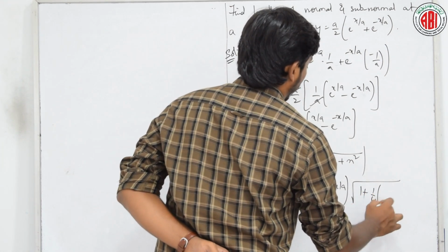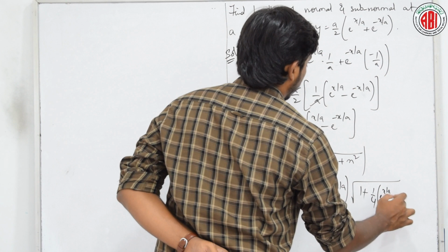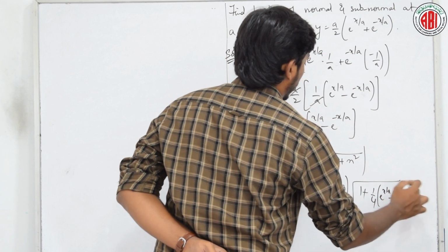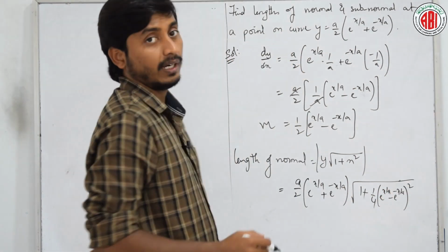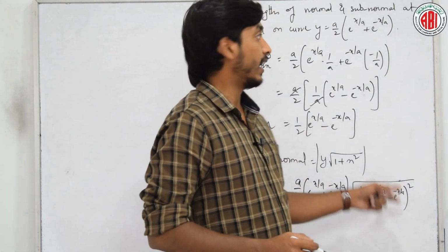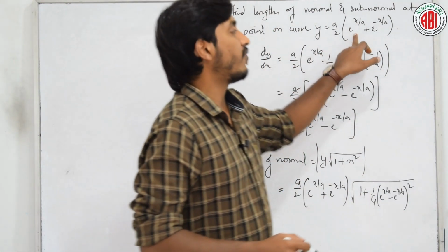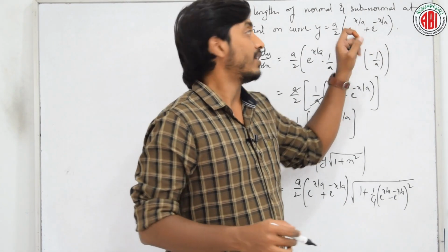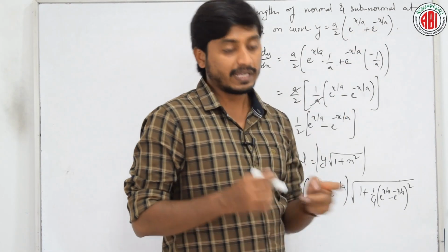That is 1 by 4 into e power x by a minus e power minus x by a, whole square. Clear? If we want to simplify this, we can. Or else, if someone knows the formula, can you tell what is the formula of e power x by a plus e power minus x by a?